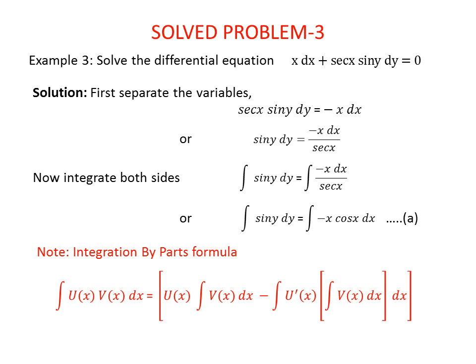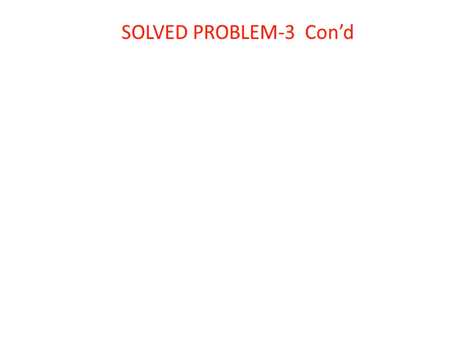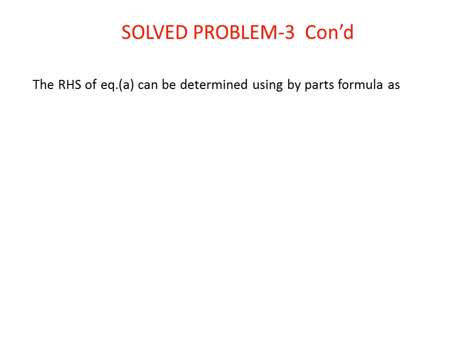Now in the above question, in equation A, we will apply this by parts formula on the right hand side, and we take the integral of the left hand side by using the formula. The right hand side of equation A can be determined using the by parts formula.